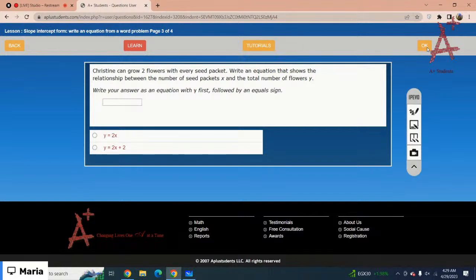So if she has X packets, she can grow 2 times X flowers. That means the correct option is y equals 2x, because she can grow 2 flowers from each packet.